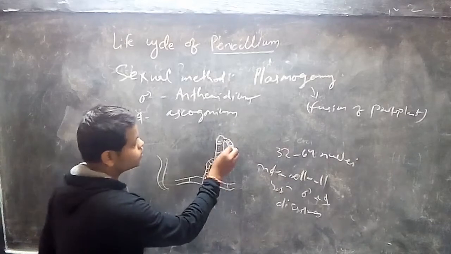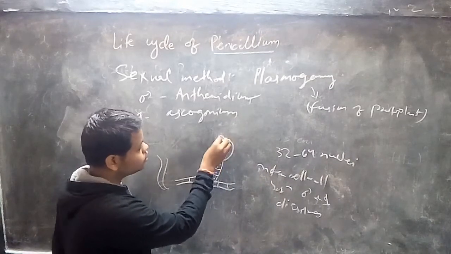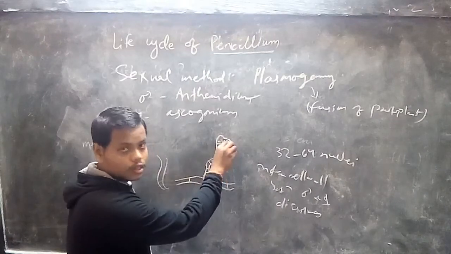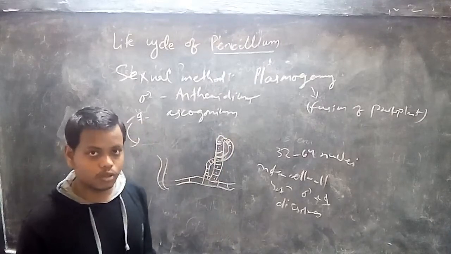Only the protoplasm of the antheridium mixes with the protoplasm of the ascogonium, not the nuclei. No nucleus of the antheridium enters or penetrates into the ascogonium.